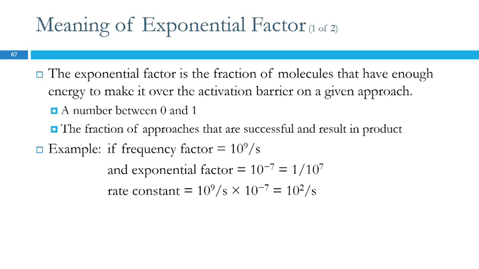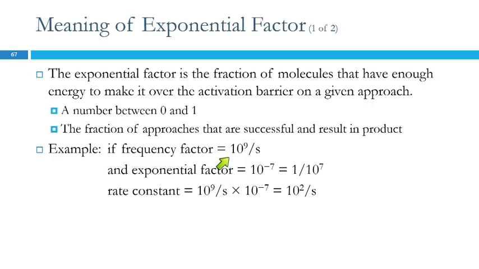The rest of that equation gives us the fraction of molecules that are successful. It's a fraction, so that number is going to be between 0 and 1. If none of them are successful, it's 0. If all of them are successful, it's 1. If you wanted a percentage, you take the fraction and multiply by 100. So it's the fraction of approaches that are successful and result in a product.